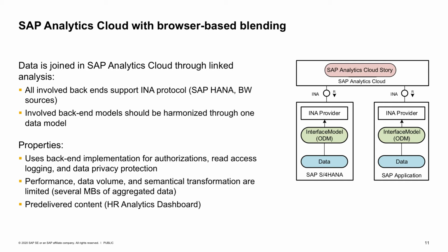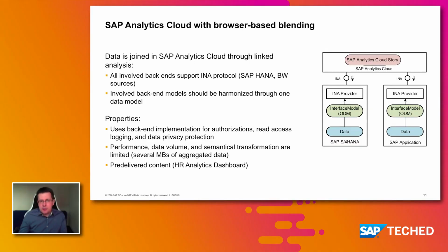The prerequisite is that all backends have to support the INA protocol of SAP, which is the case for SAP HANA and BW. We also recommend to harmonize your models before, because this option has limited capacities for data manipulation. The advantage is again that you can reuse the backend implementation.